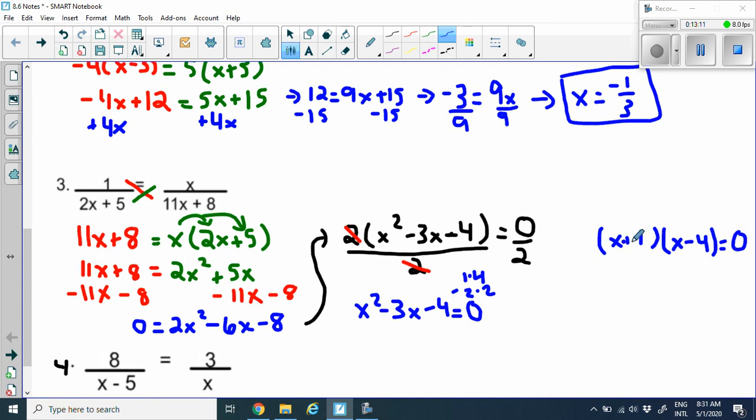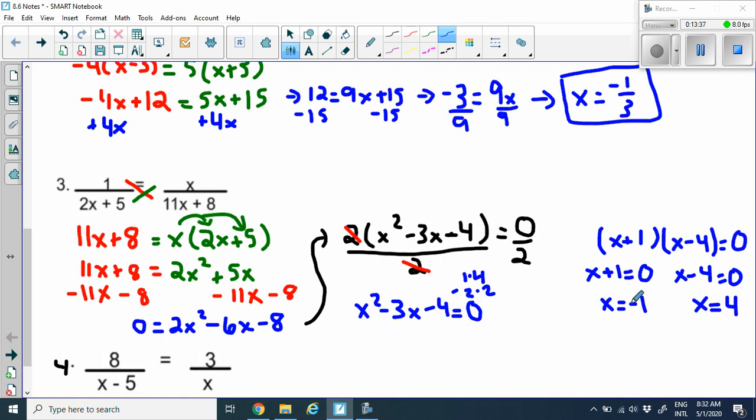My smaller is positive. I set each of these factors equal to 0 and solve. So I have x plus 1 equal to 0 and x minus 4 equal to 0. And then basically I solve for both. So I have x equals negative 1 and x equals 4.